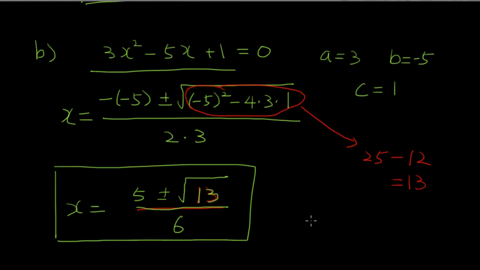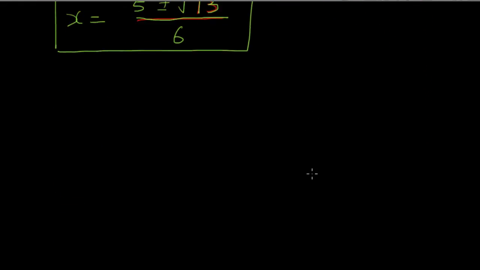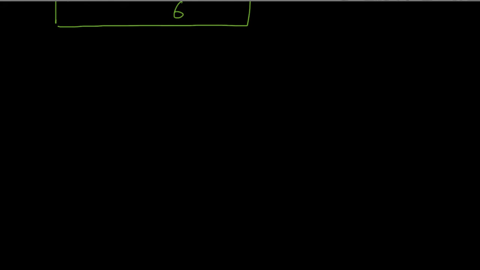Now let me make a few more points. Let's talk about the discriminant, right? Discriminant of the quadratic formula. Well, what's the discriminant? The discriminant is actually the part inside the square root.